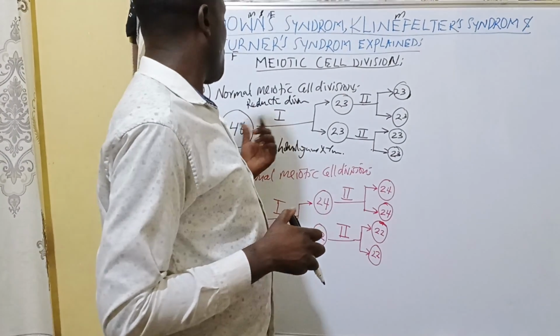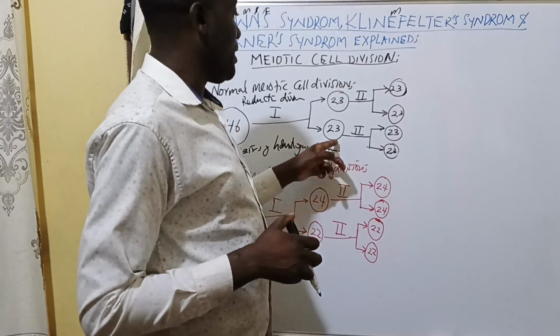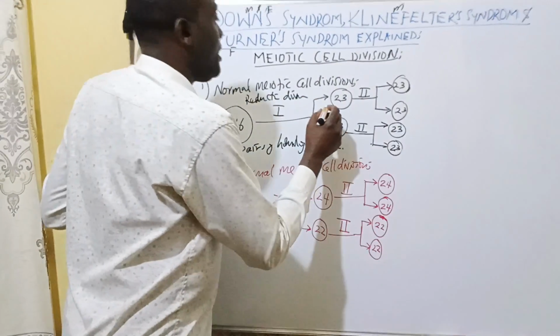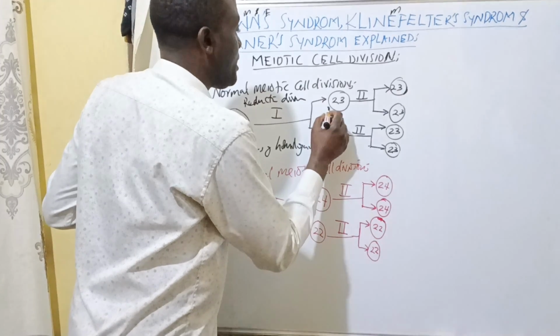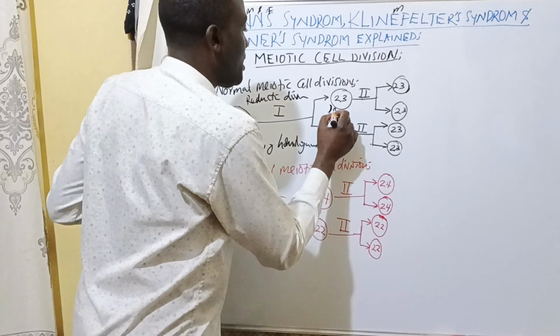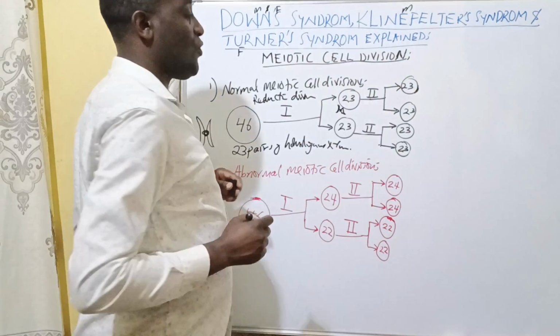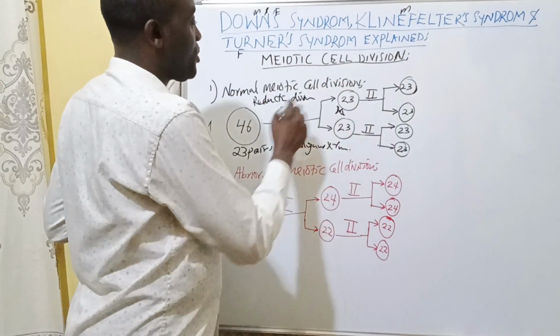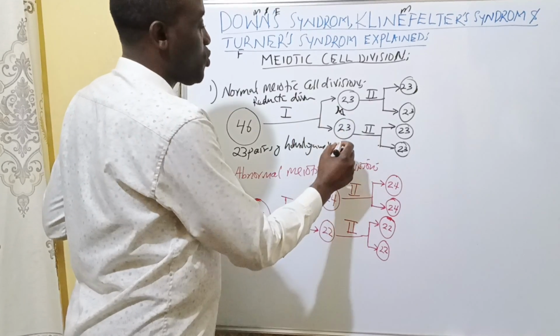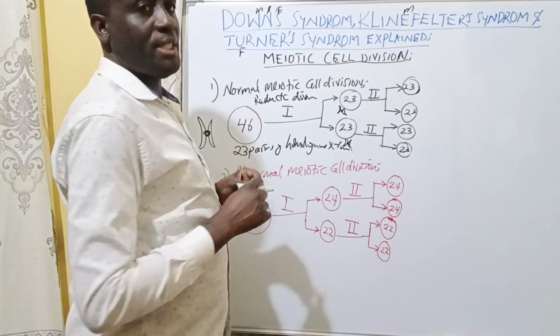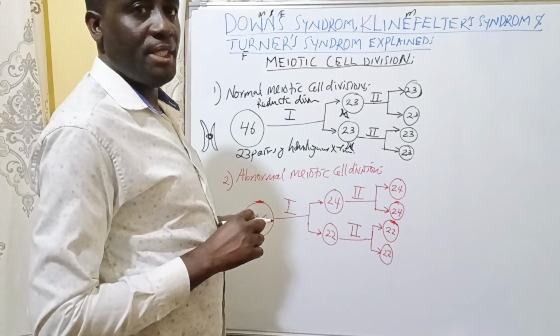After meiosis 1, each has 23 chromosomes, but each chromosome still has 2 sister chromatids. I want you students, especially students of senior 6, to note that very well. After the division by meiosis 1, each chromosome has 2 sister chromatids, but they are now separated.